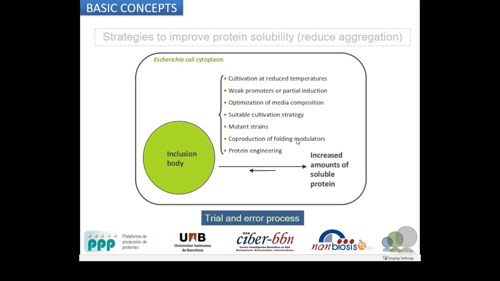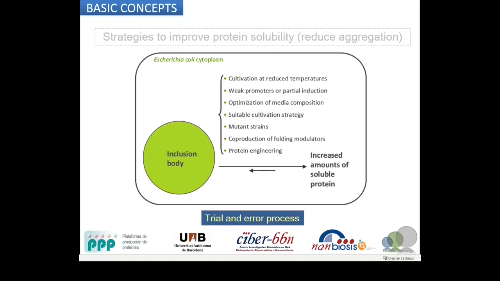So there are several strategies that can be performed in order to improve protein solubility, as for instance to reduce the temperature in the cultivation, because then the rate of translation is reduced, and this is one of the points that can lead to protein to be aggregated. Also the use of weak promoters or partial induction, the optimization of the media composition, suitable cultivation strategy, and also a combination of that.